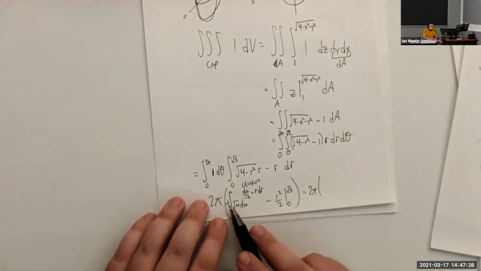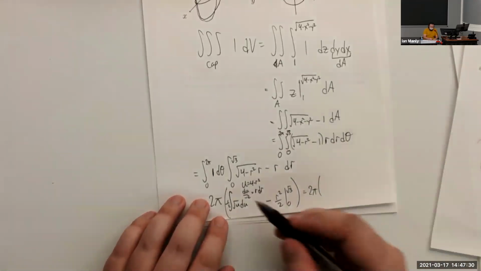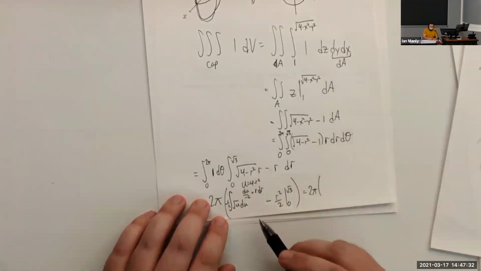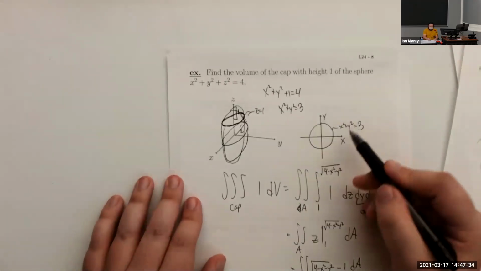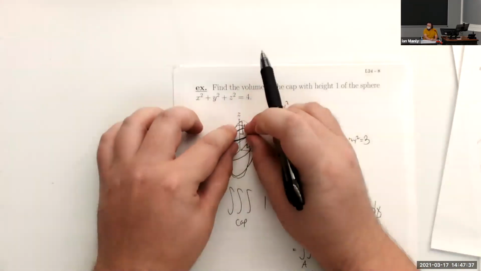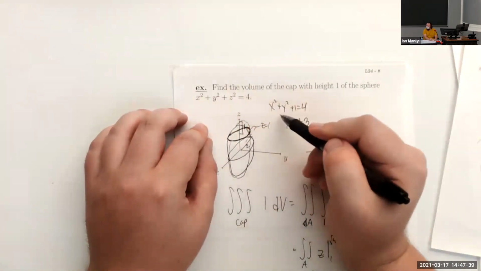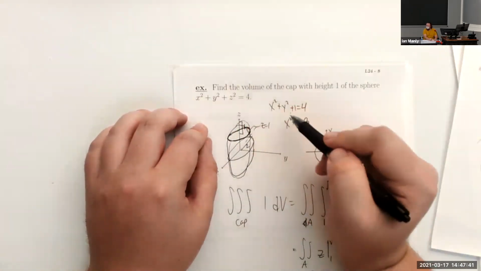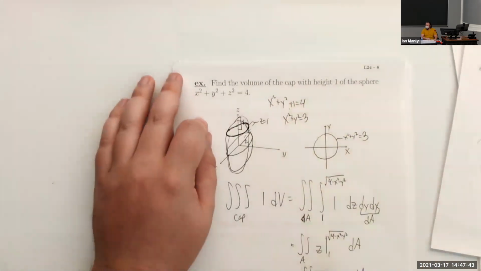Yeah, the 1/2 is only attached to this integral right here. How did I know x squared plus y squared was 3? When I squished this down, I was at z equals 1, and I plugged 1 into my equation, and that gave me x squared plus y squared is 3 here.